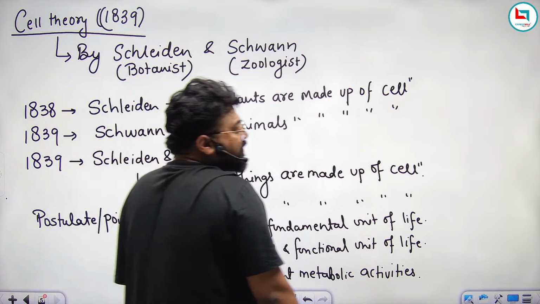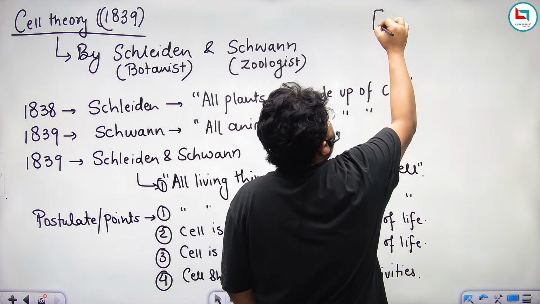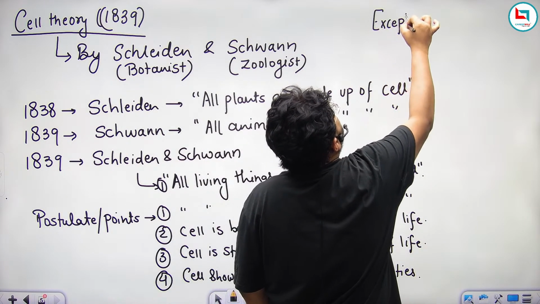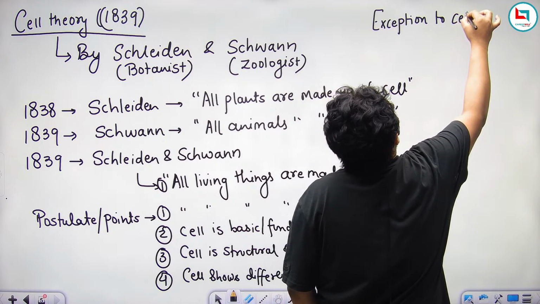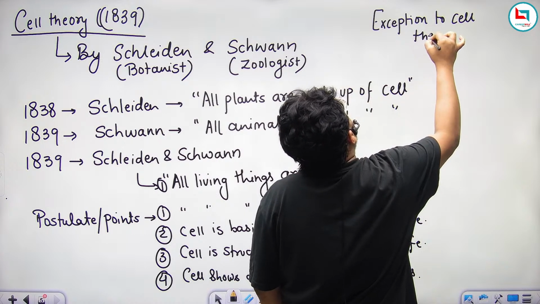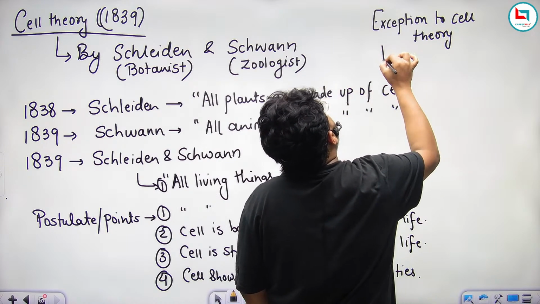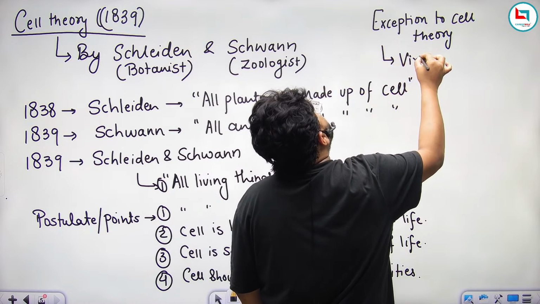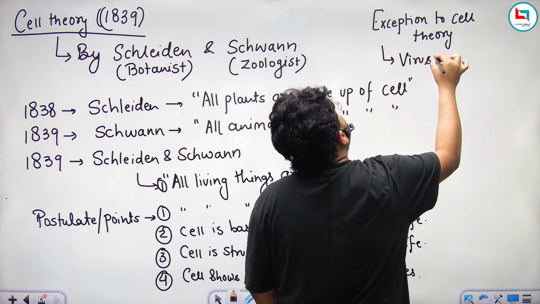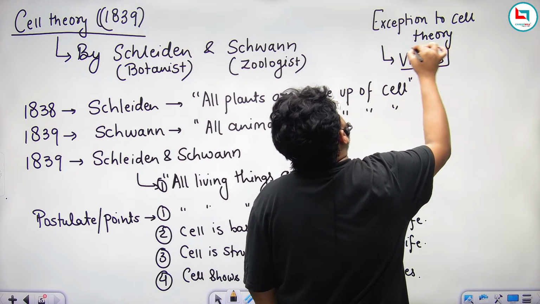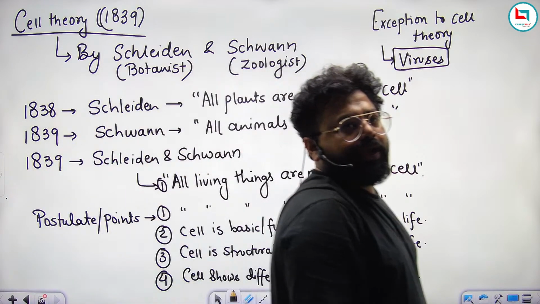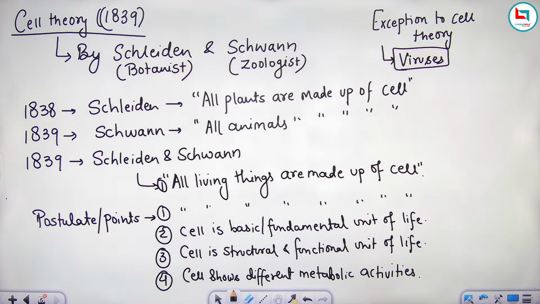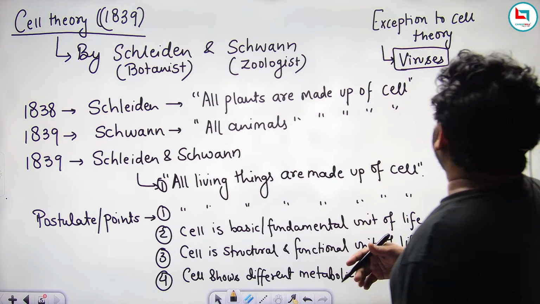But there are certain exceptions to cell theory. Means these are those organisms which do not follow cell theory, and these organisms are commonly called viruses, because cell theory must be obeyed by only living organisms, and viruses are neither living nor non-living type of organism.